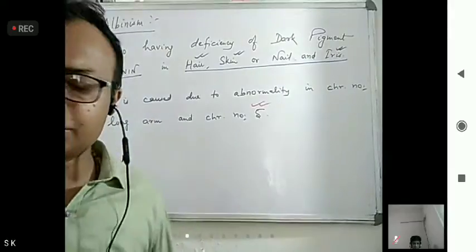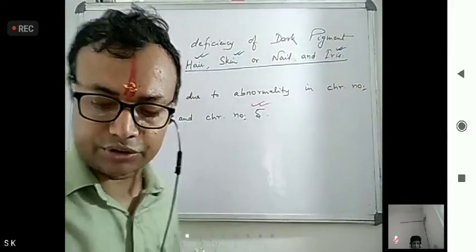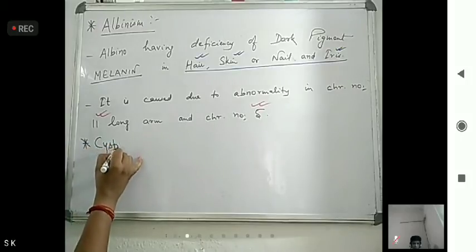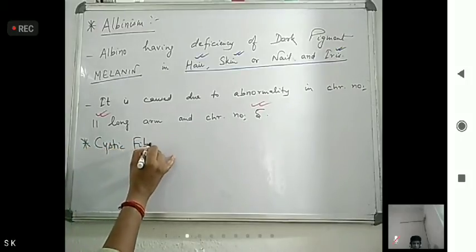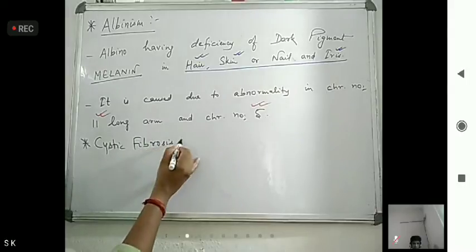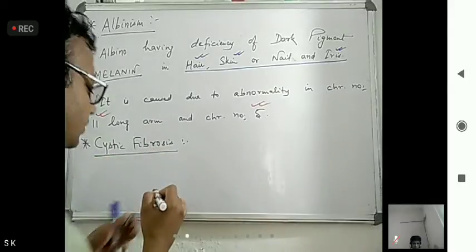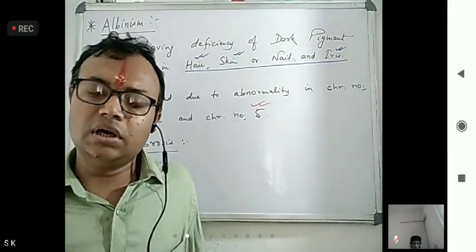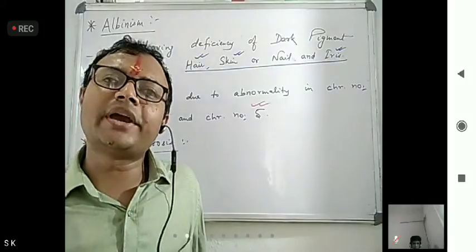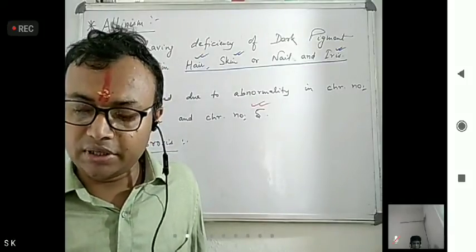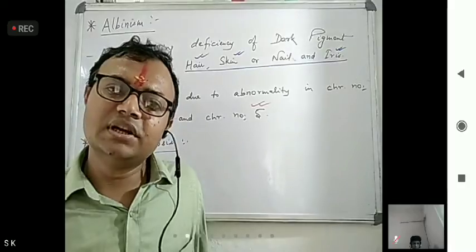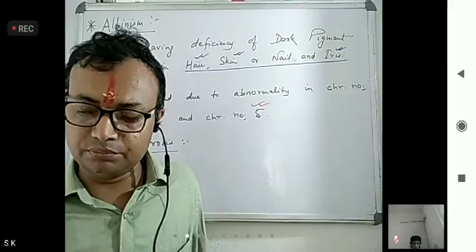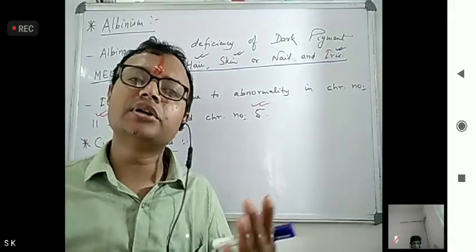Okay, the next disorder is cystic fibrosis. Cystic fibrosis. Okay, this happens in the Caucasian population. Here what happens is failure of the chloride ion pumping system, or we can say transport mechanism.